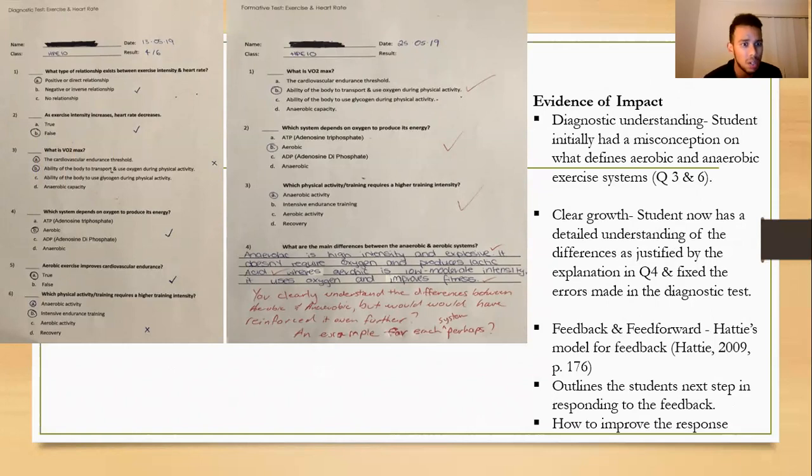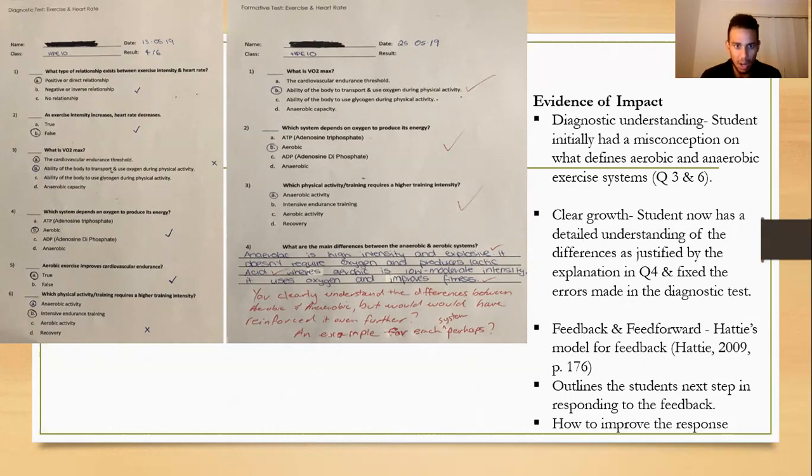Question 3 and question 6 were the questions she got wrong. But then the formative shows that there's clear growth. As you can see, she clearly got the first 3 multiple choice questions right. She fixed those errors, and then there's clear growth in her response as well. She has a detailed understanding of the differences, and they're justified in question 4.